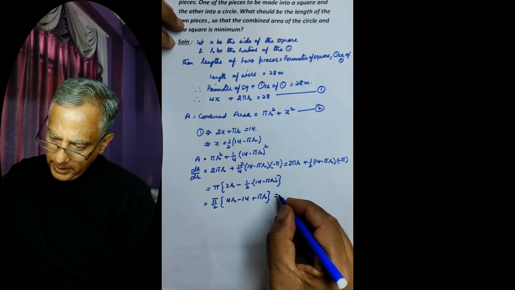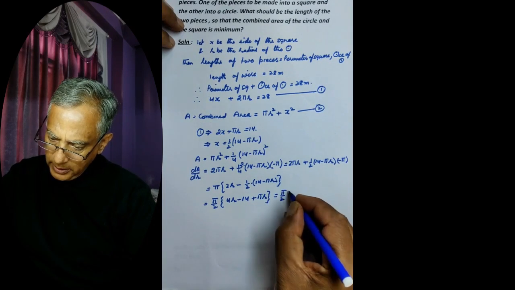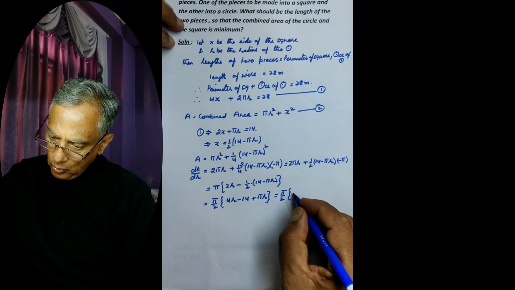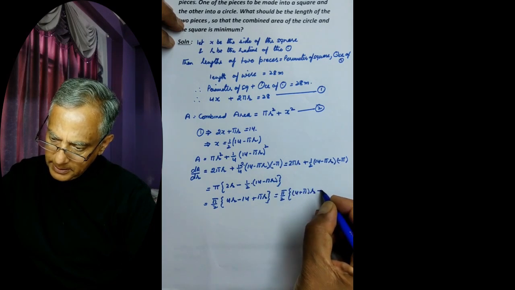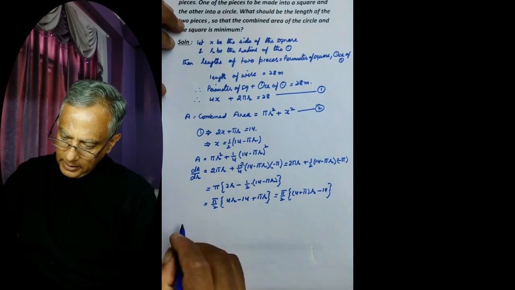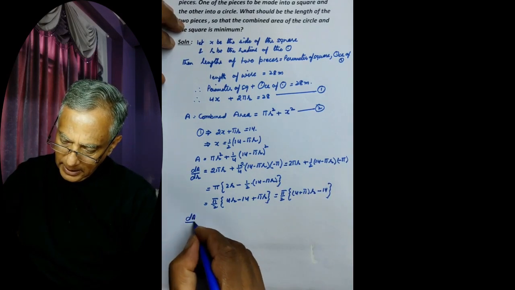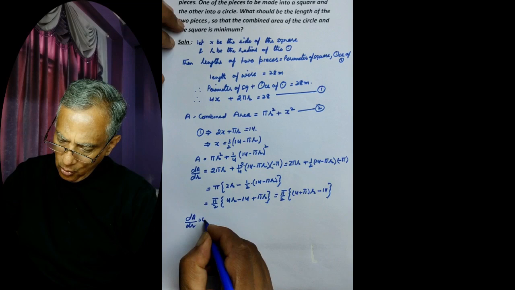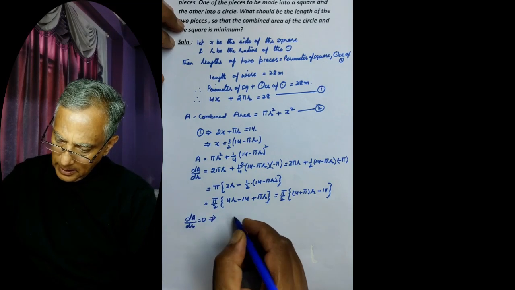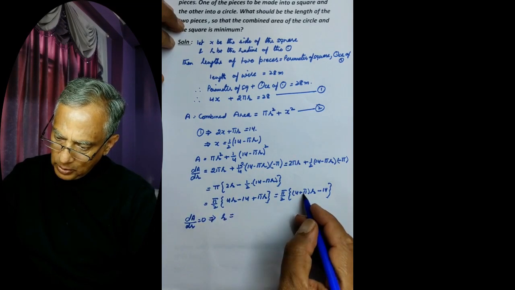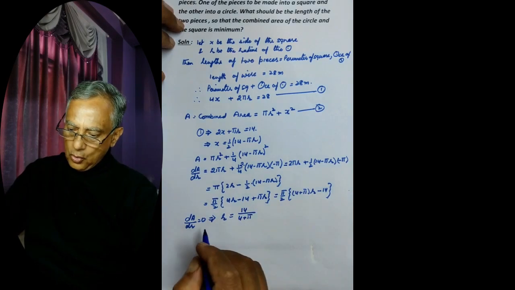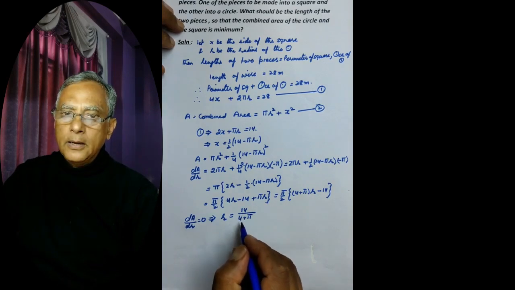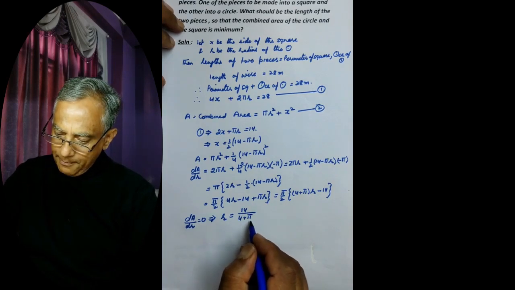This is equal to pi by 2 into 4 plus pi into r minus 14. Therefore, dA by dr is equal to 0 implies r is equal to, take this to the other side, 14 over 4 plus pi. So r must be equal to 14 over 4 plus pi.